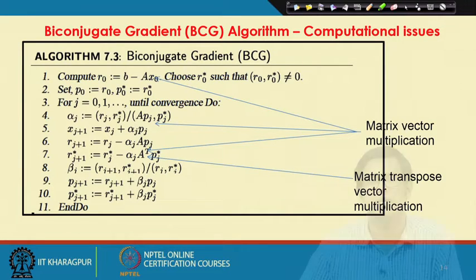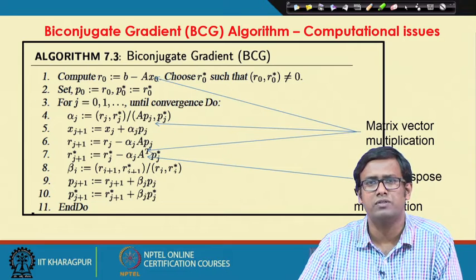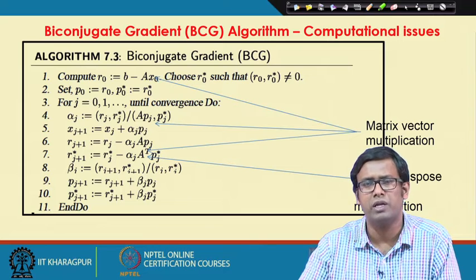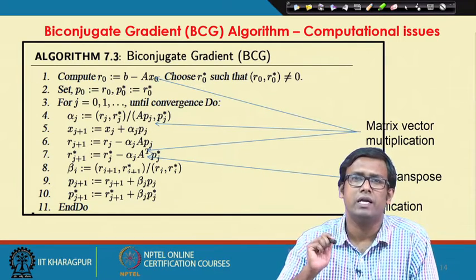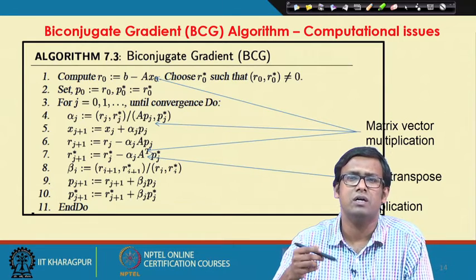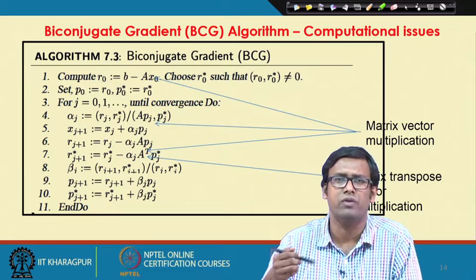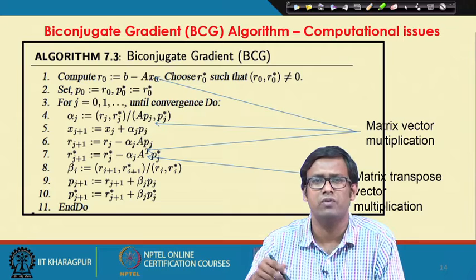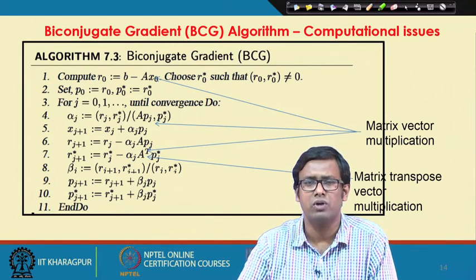Given a matrix, I have to rewrite the code to do a matrix transpose vector multiplication, because in the programming implementations we have seen a subroutine that does the matrix vector multiplication, and this subroutine is called again and again when we need this multiplication. However, that particular subroutine will not work, and we have to write a different subroutine.